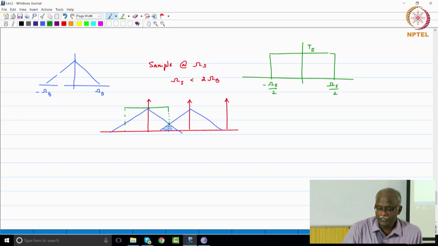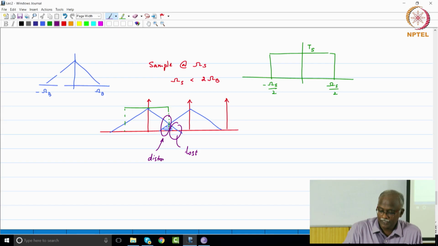So notice that the reconstruction filter has two things. One, it does not have the original bandwidth because I cannot reconstruct anything beyond omega s by 2, right, that is my limit, and a portion of my input spectrum has been lost. This portion of the input spectrum is gone, this is lost, and this portion of the input spectrum is actually distorted.